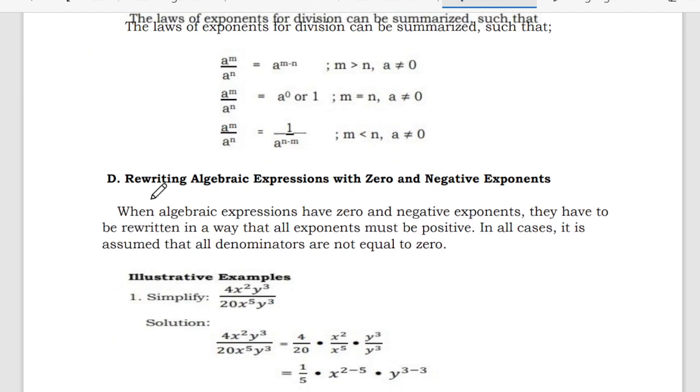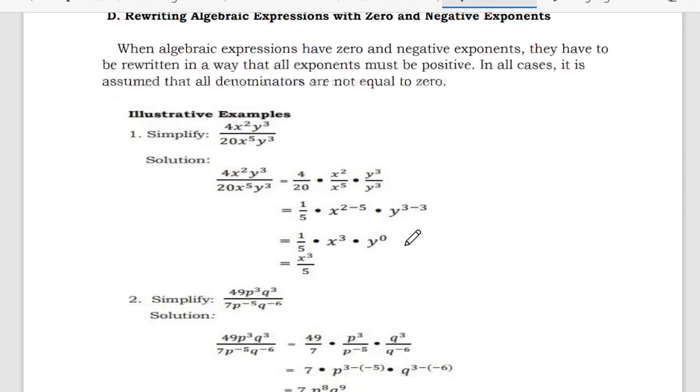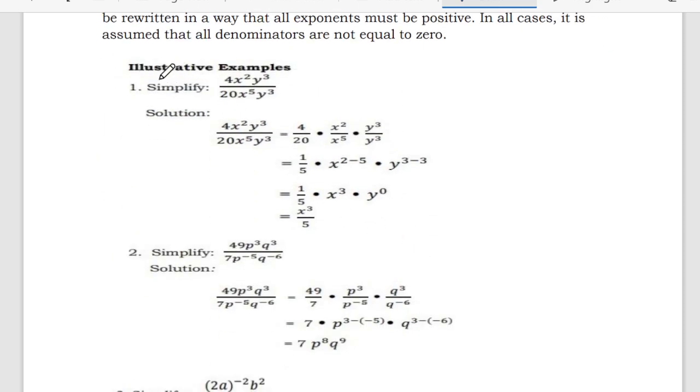Then, another topic: rewriting algebraic expressions with zero and negative exponents. When algebraic expressions have zero and negative exponents, they have to be rewritten in a way that all exponents are positive. In all cases, it is assumed that all denominators are not equal to 0. Okay, so we have illustrative examples.